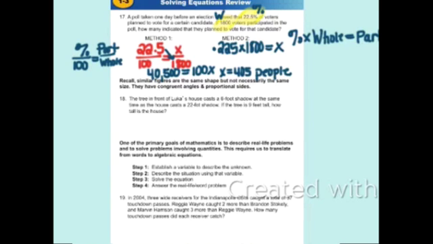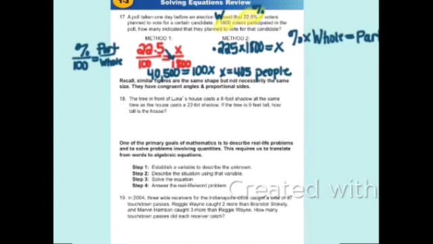So you can see that this is going to produce the exact same answer. 0.225 times 1,800 is 405 people. So either way that works for you. I prefer the proportional way, but that's because I work a lot teaching geometry with similarity and proportional figures. So I'm used to working with proportions a lot.